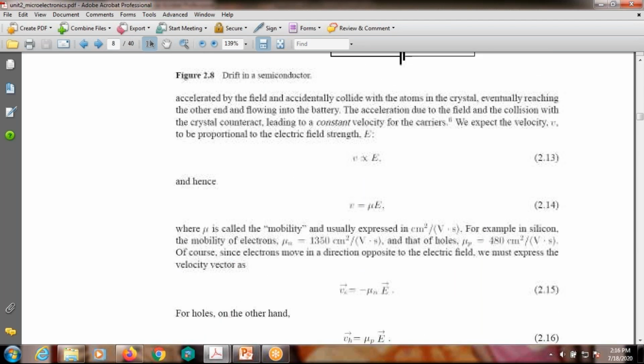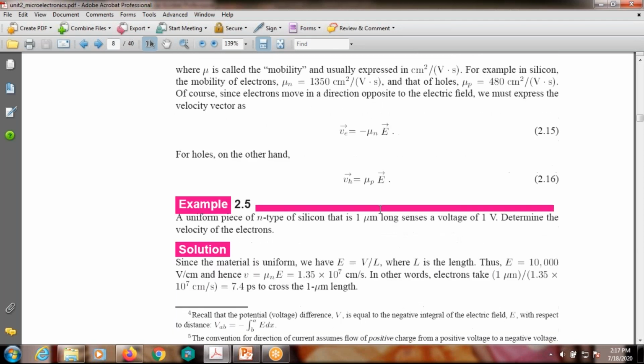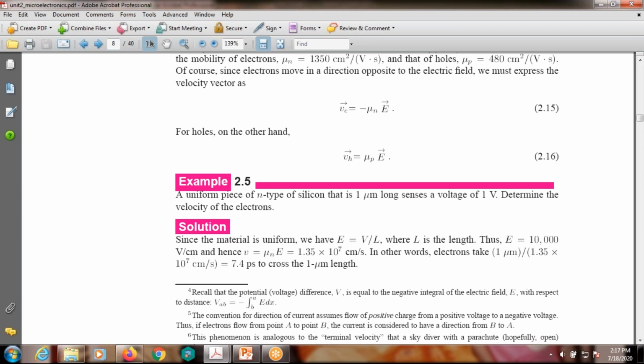What is the velocity of electrons? Velocity v is equal to mu into electric field. First we have to calculate the electric field. We know the relation between E, V and L: electric field is equal to V by L, where L is the length.